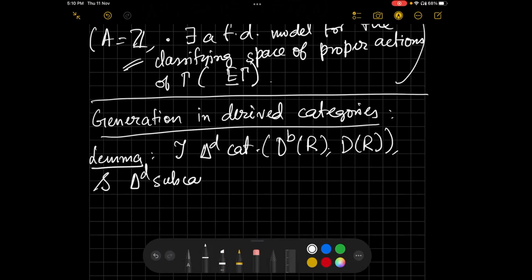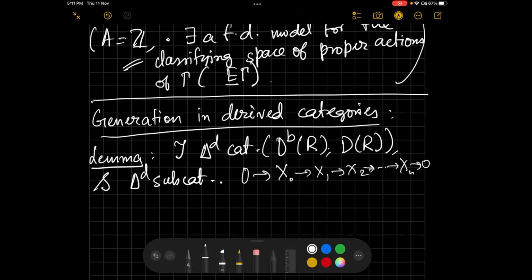and let's say you're looking at a complex like this. I'm writing a cochain complex, but if you're working with chain complexes, this can also work.